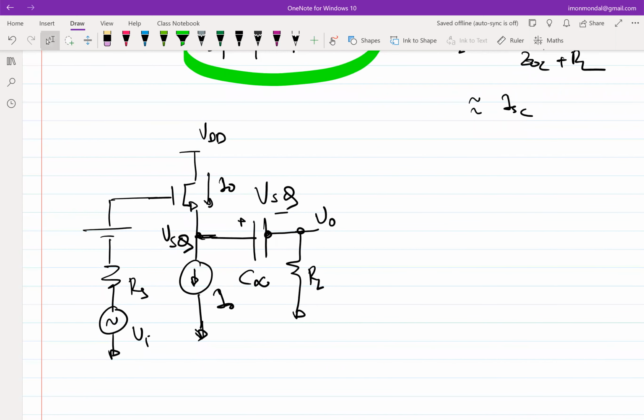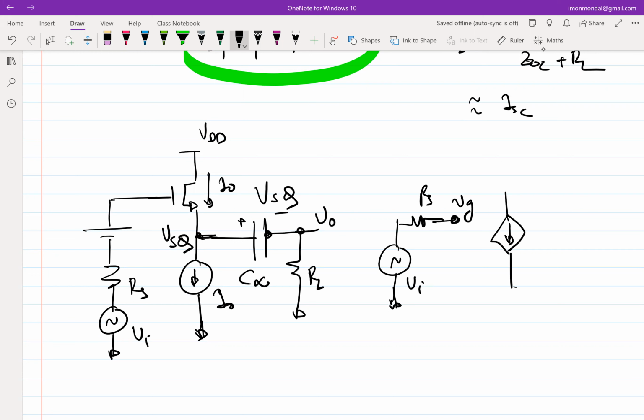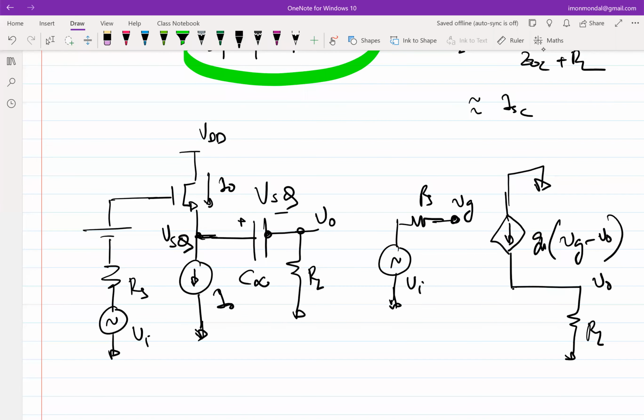That is, now in the incremental sense, this is what my network looks like. Let me sketch this RL with a different color because this is the load.